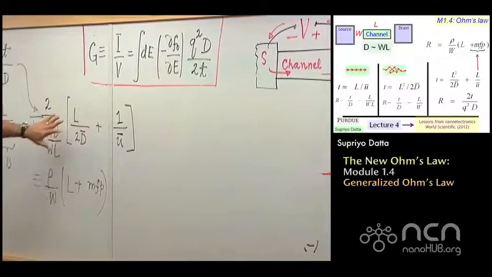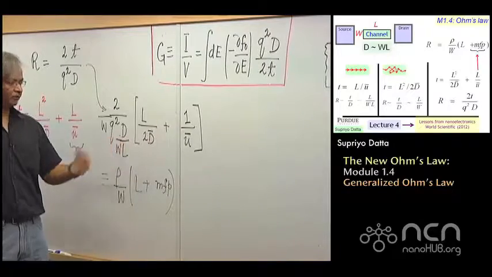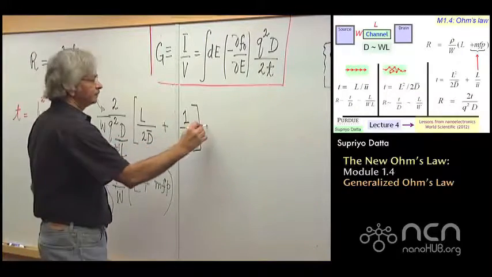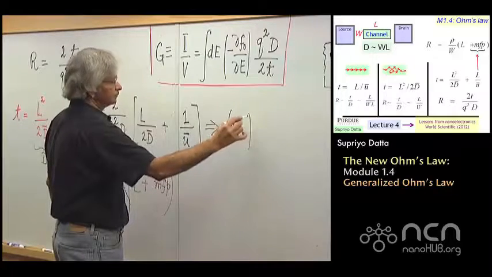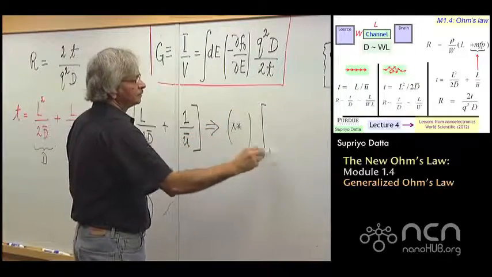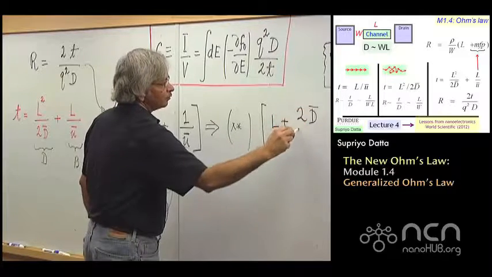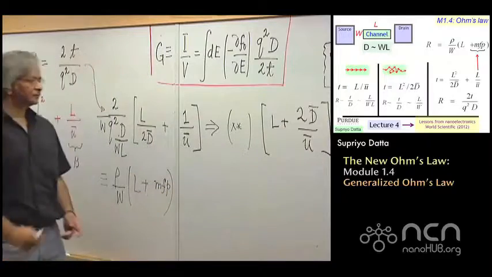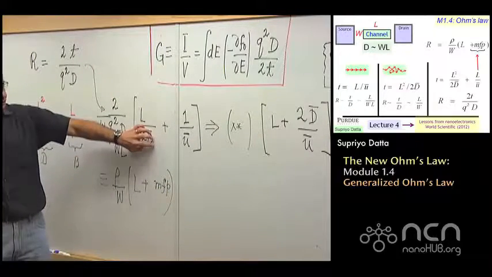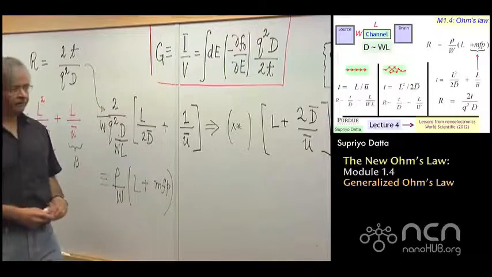You can see that what is in here, if I pull this 2D out of here, it would look something like some quantity times L plus 2D over U. That is, if I pull this 2D out of here, then it would look like L plus that quantity.